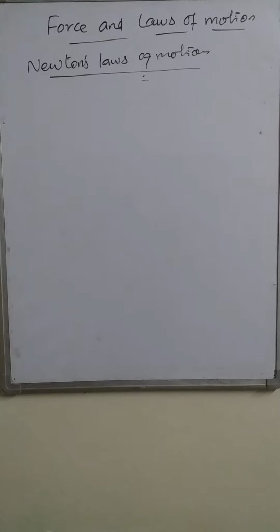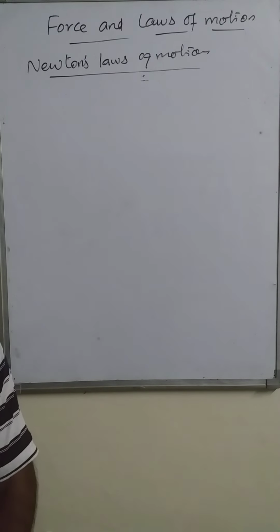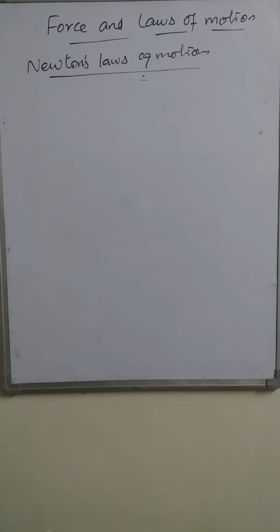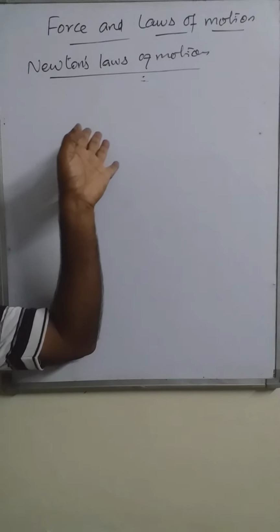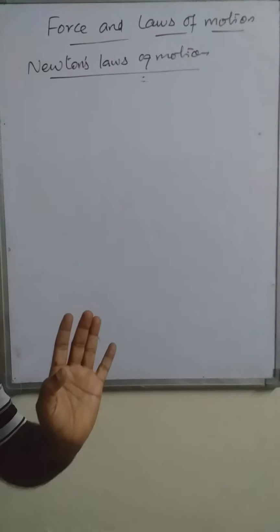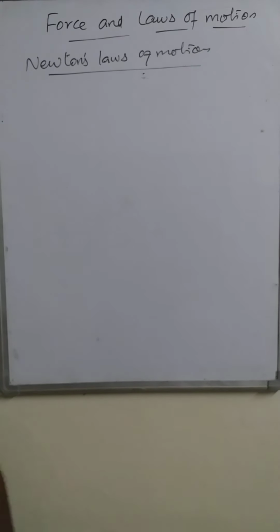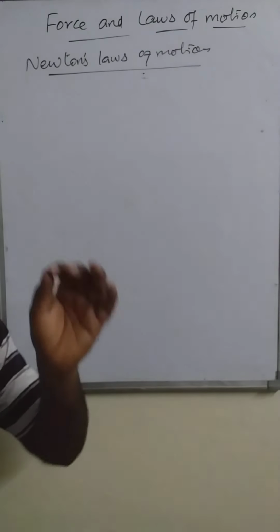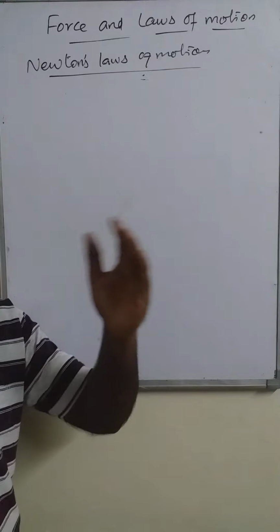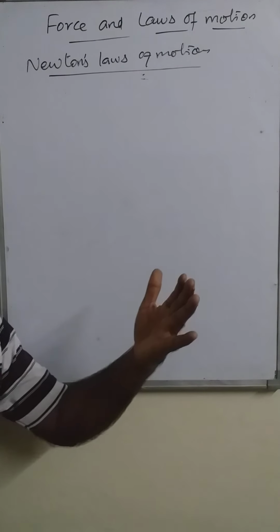So Newton's laws of motion started from inertia. From the definition of this inertia, Newton continued the process, and all three types of inertia were combined.